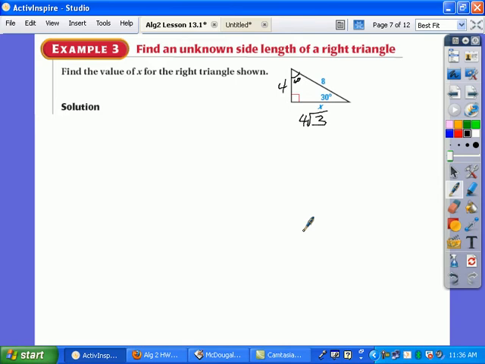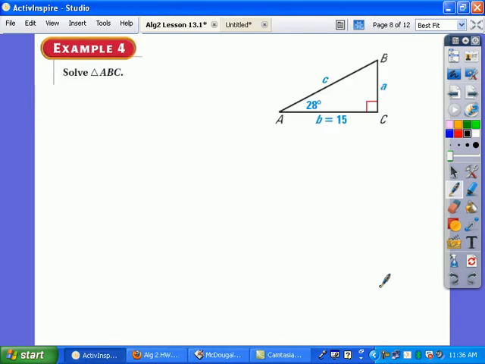All right, so now they ask us to solve triangle ABC. And what that means is we want to find all of the angle values. So angles always use a capital letter, capital A, B, and C. And sides, we always use a lowercase a, lowercase b, and lowercase c.